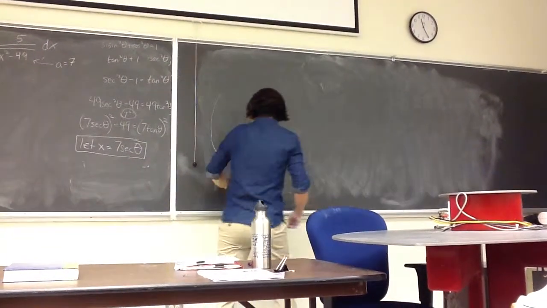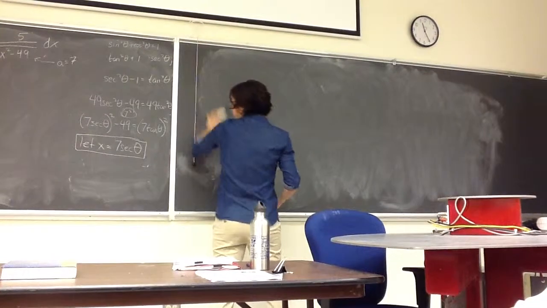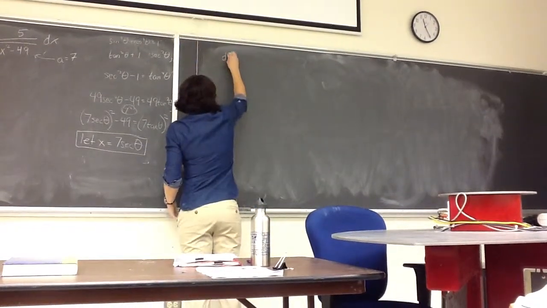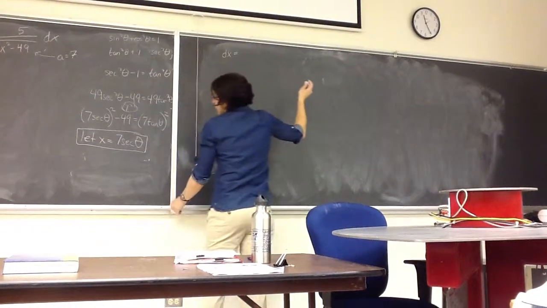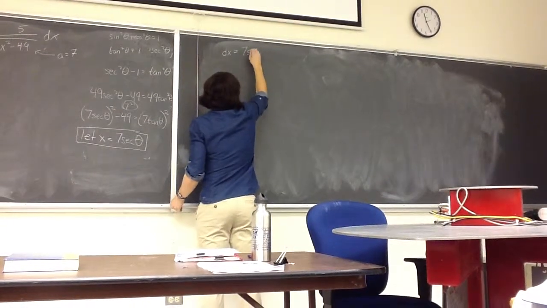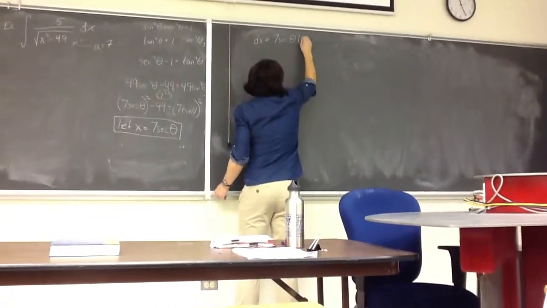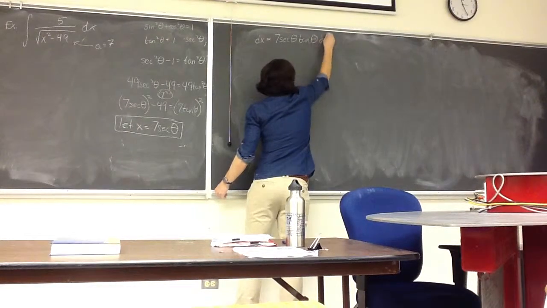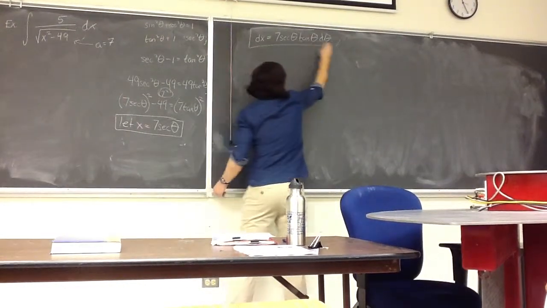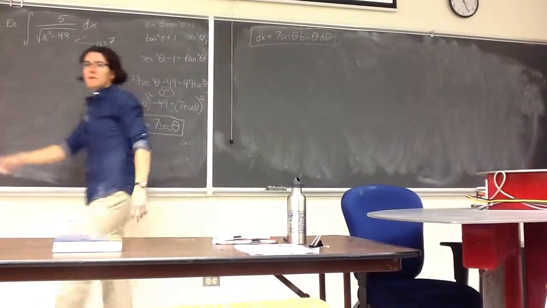Now some work that I need to do, and I might as well do it right away and get it out of the way, is I'm going to need to know dx. And so dx will be 7 secant theta tangent theta d theta.